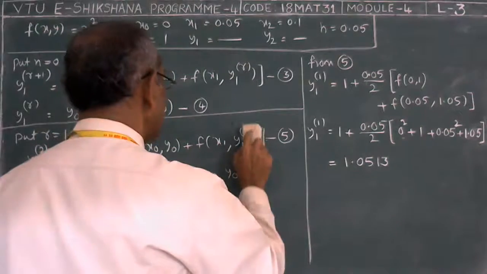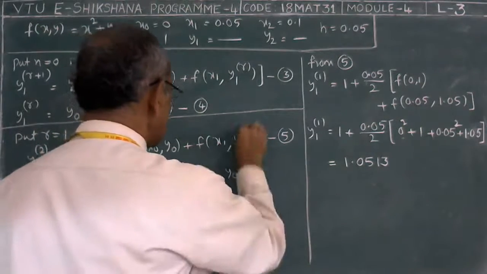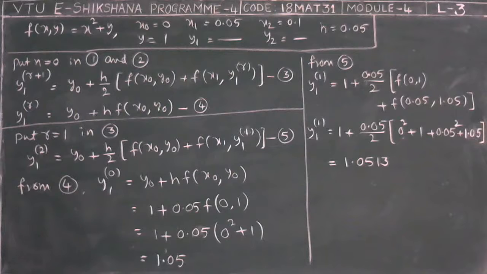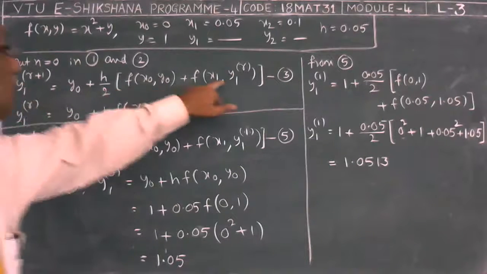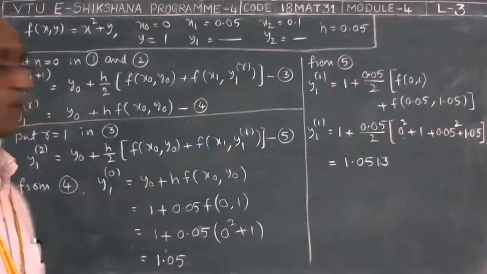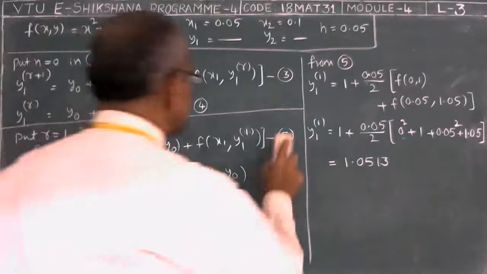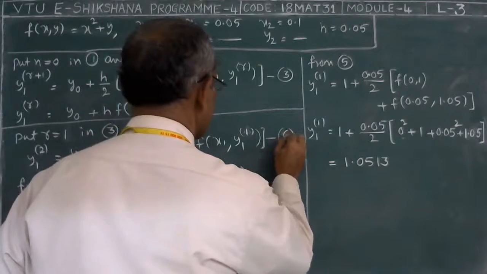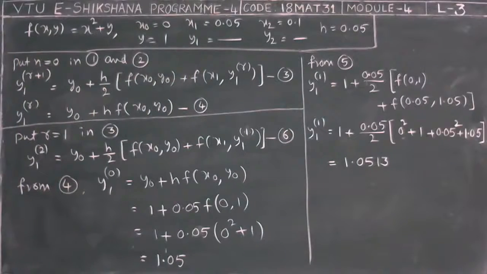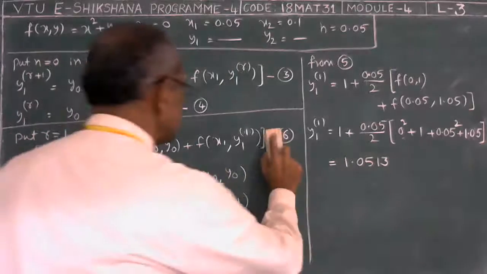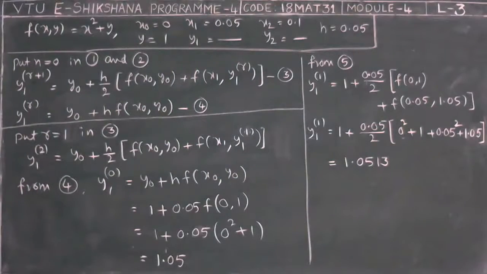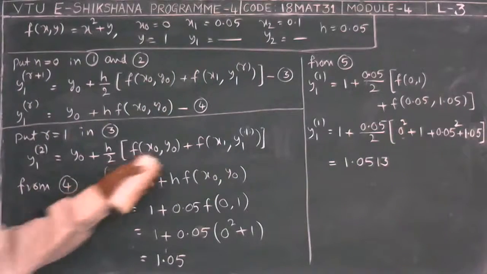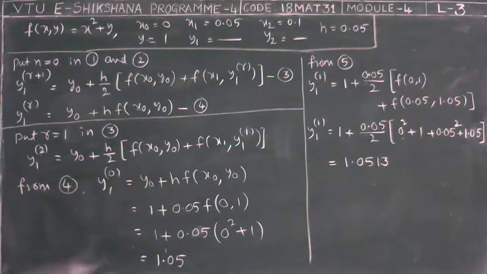You get y1 1 in place of y1 0. Just here put r is equal to 1: y1 2, everything same, x1, y1 1. You call this equation number 6. We get this one. And you know what is y1 1?